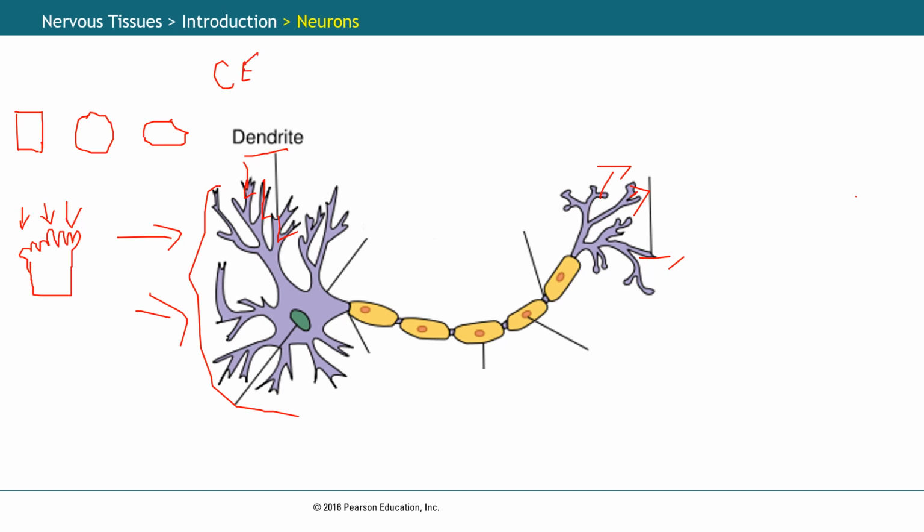Let's suppose that I paint an ear there. Why? Because they are receiving a signal. On the other hand, this region is called the axon terminal, and if you were comparing it to your body, this would be the mouth, because this one is sending a signal.